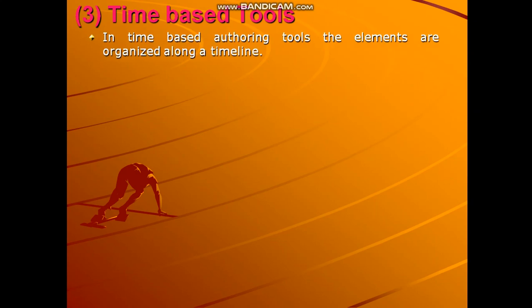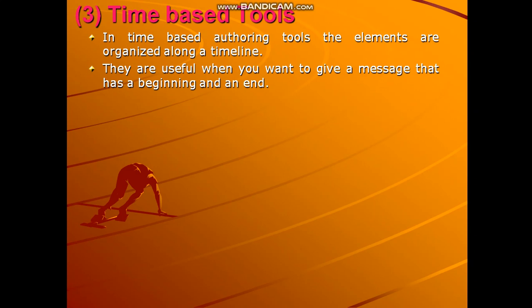The third one is time based tools. This is the most important animation software. In time based authoring tools, the elements are organized along a time. So there it shows a timeline and we can create animation according to the time. They are useful when you want to give a message that has a beginning and an end. So there are 2 points, starting point and ending point.